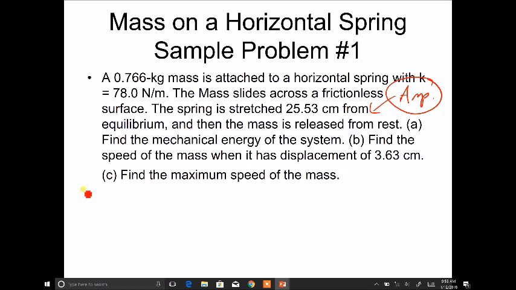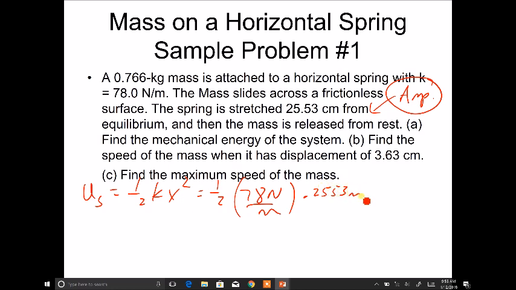So to answer part A, we can use elastic potential energy equals 1/2 kx squared. So 1/2 times 78 newtons per meter times x squared. Now we want to do x in terms of meters, not centimeters. So let's convert that over to 0.2553 meters.